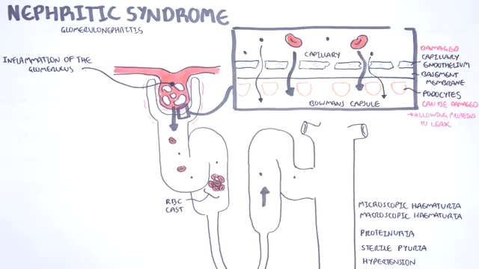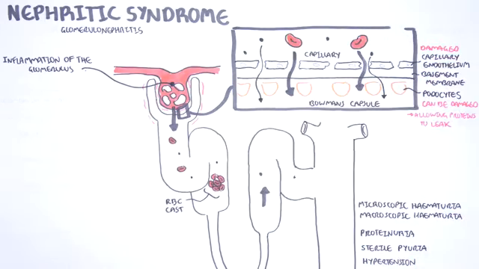It is diagnosed based on kidney biopsy, with histopathology demonstrating mesangial expansion, thick basement membrane, and a characteristic tram track finding with a double contour of the glomerular basement membrane.